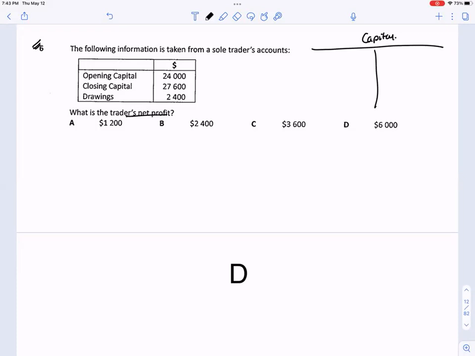Miss, I remember from this that I have a balance sheet related question. For finance by capital, you do opening capital plus net profit minus drawings equals closing capital, no? Yeah.